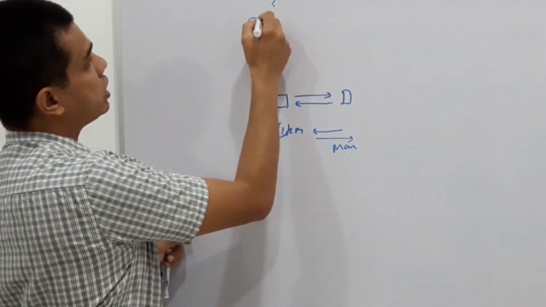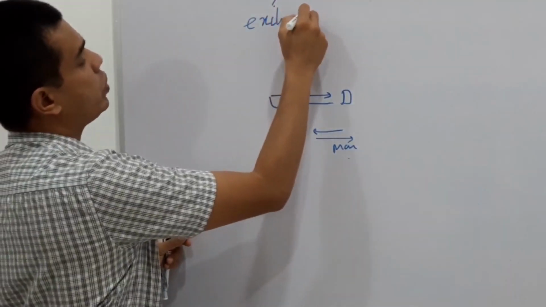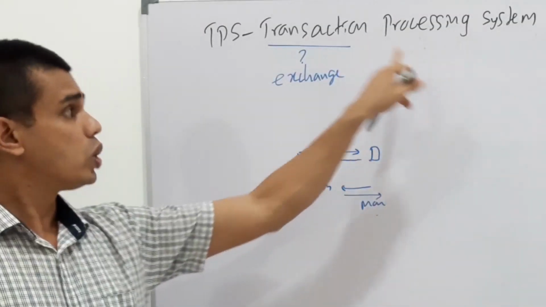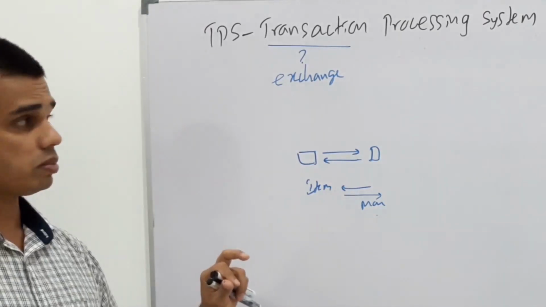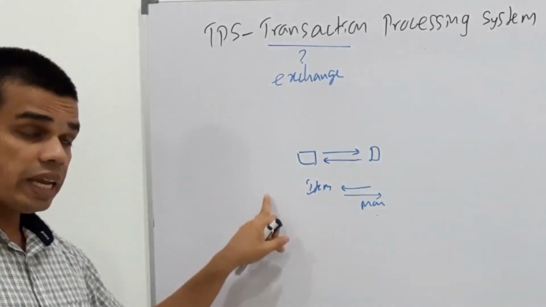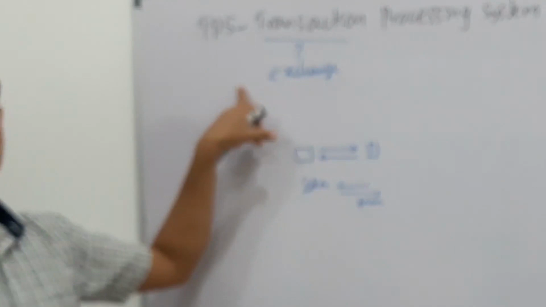That's what a transaction is, some level of exchange. So TPS is a processing system to support exchanges. What are the main exchanges done by businesses? Mainly they expect money by giving their service or their goods. If there's a system to support that, it's called TPS.